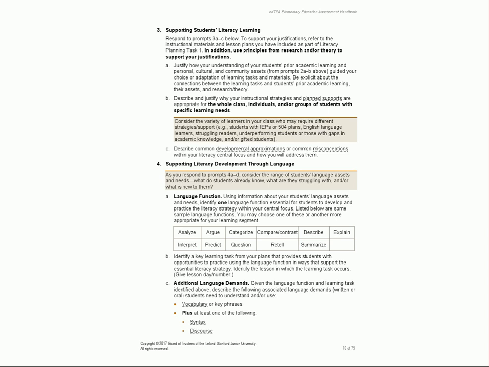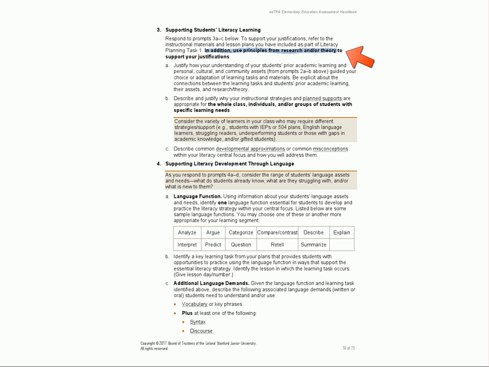Now, let's continue through the commentary. The next piece is about supporting students' literacy learning. Okay, there's a piece here that can be confusing sometimes, so I just want to set this out here. As you go through this work, consider the theory and research that supports your ideas, the justifications for your planning.